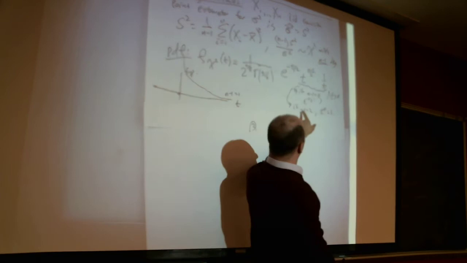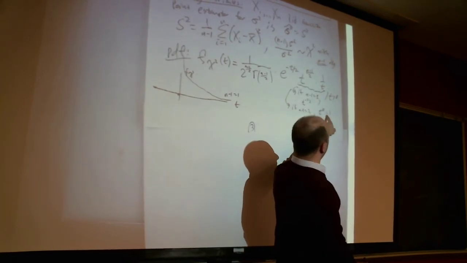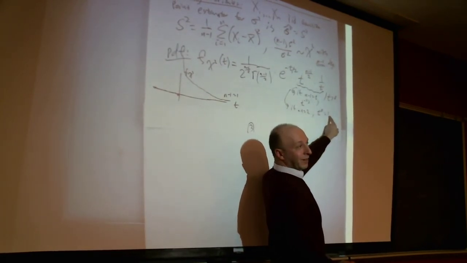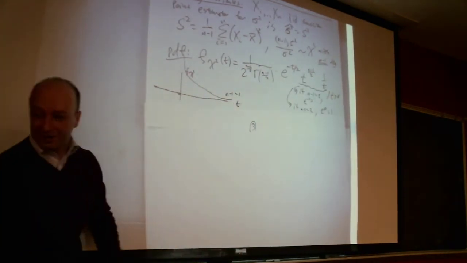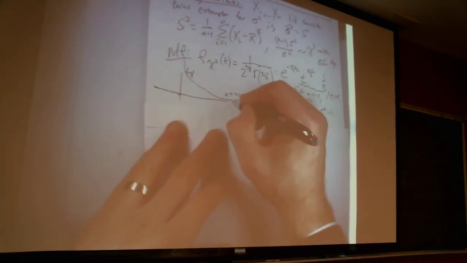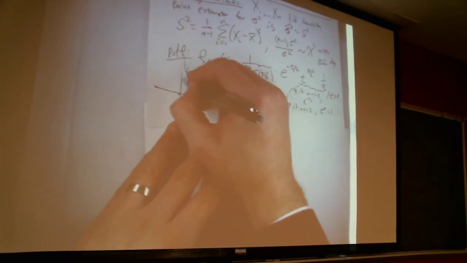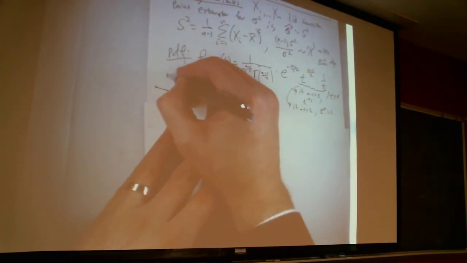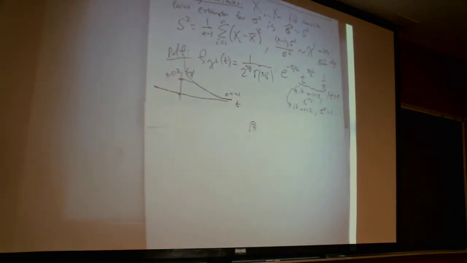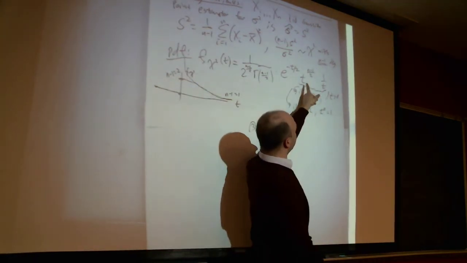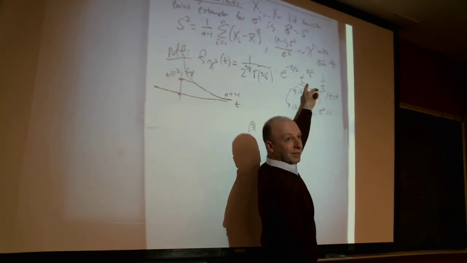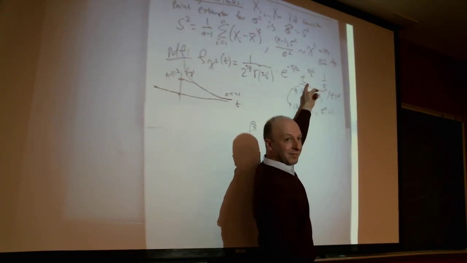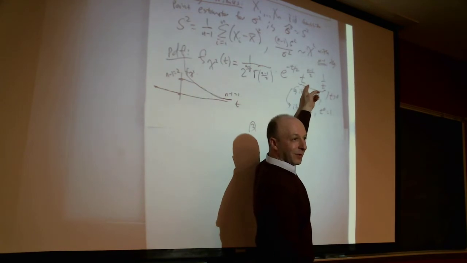How about when n minus 1 is equal to 2? It's going to some constant, not exactly 1, but almost. So it comes like that.